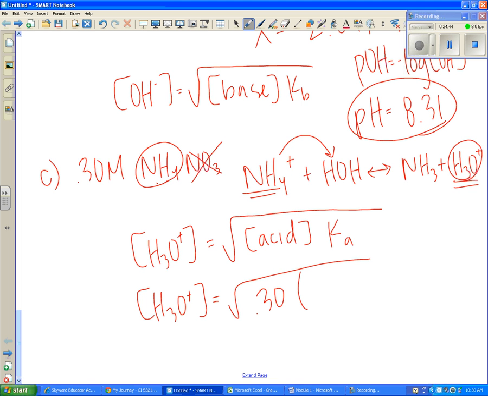I have Kb for this as a base, for ammonia as a base. I can use that to find Ka for the conjugate acid. Ka times Kb is equal to 1 times 10 to the minus 14th. Kb for ammonia is 1.8 times 10 to the minus 5th, I believe.